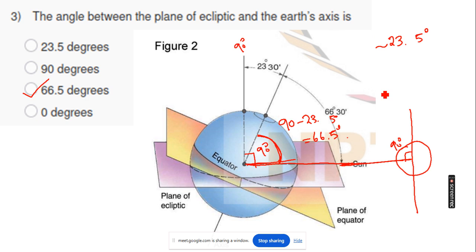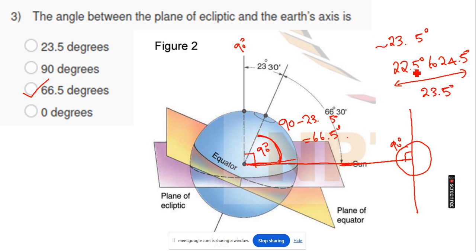One parameter is that the angle of axial tilt is changing from 22.5 degrees to 24.5 degrees. This keeps on changing, and currently we have a value of 23.5. Please recheck the numbers. I think these numbers are correct; maybe slight variations will be there.